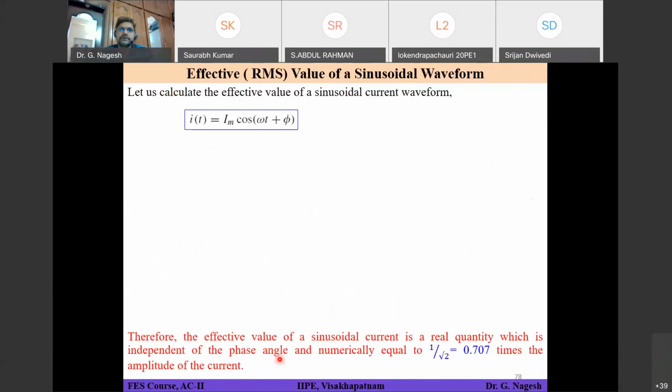Okay, so let us calculate the effective value of a sinusoidal current waveform. I am considering the periodic current I of t given as Im into cos of omega t plus phi. Okay, so try to calculate the RMS value for this periodic current. You know how to do that, right?